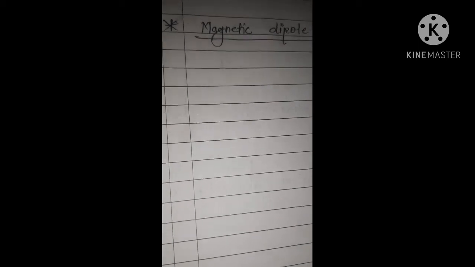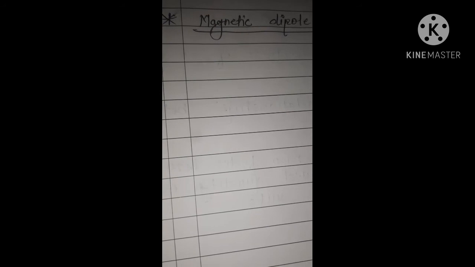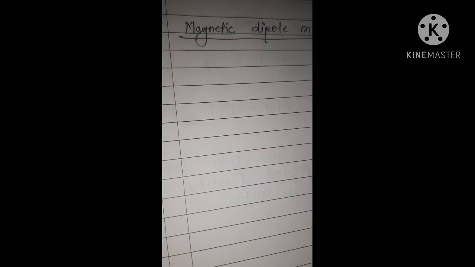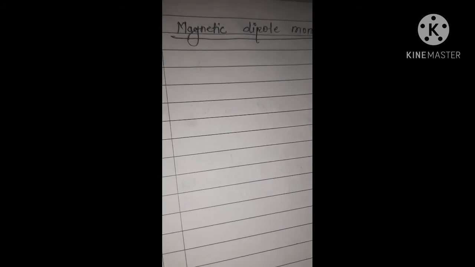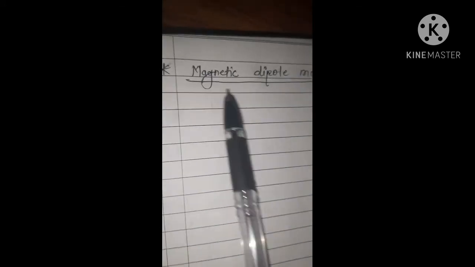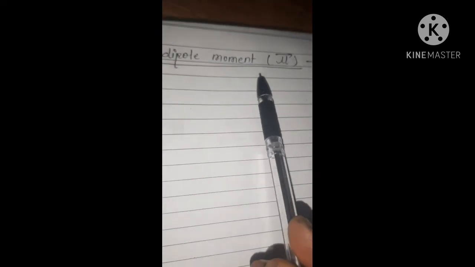Hello students. In the 10th topic, magnetic field due to an electric current, today we are going to discuss a physical quantity, magnetic dipole moment, which is represented by vector mu.